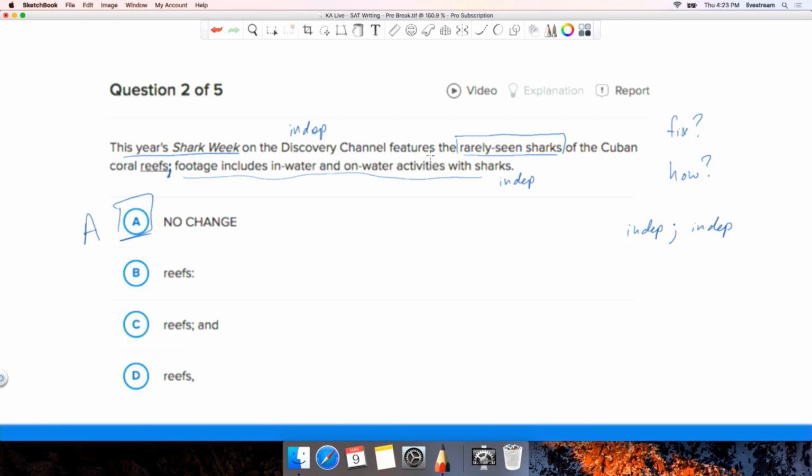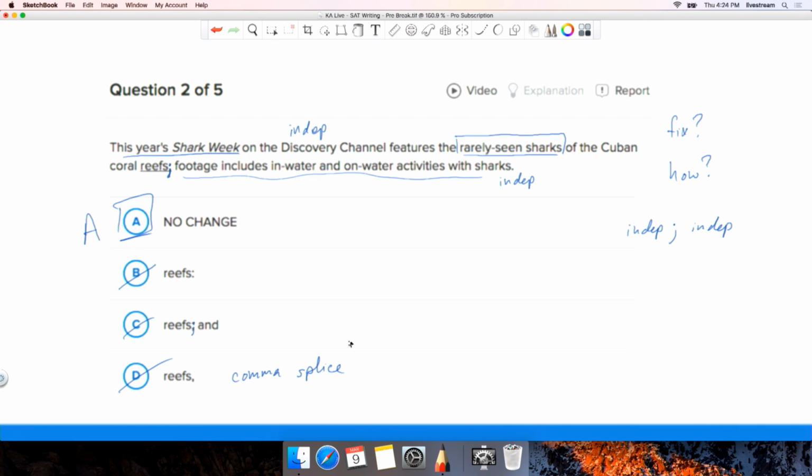Because the first clause talks about rarely seen sharks, and then the second clause talks about footage of the water activities, they're not tied as closely. So that one, while tempting, is not quite there. And then this is a semicolon, and so you don't need that because a semicolon is enough by itself. And then reefs with a comma, this is that comma splice error again.